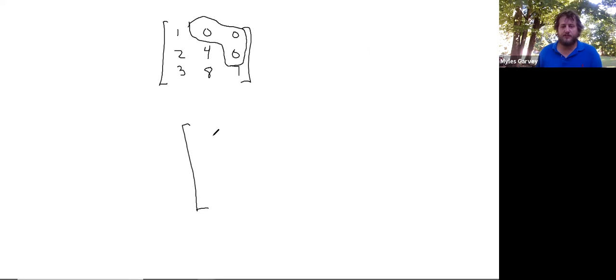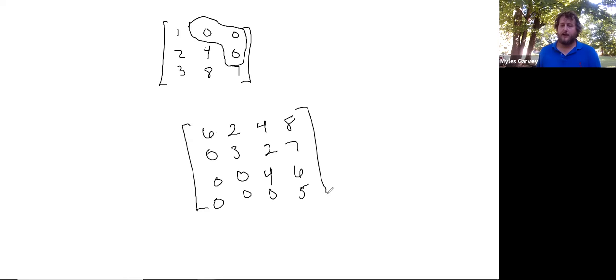On the flip side, we may have something like this. And this is upper triangular because the non-zero entries are above the diagonal, right?